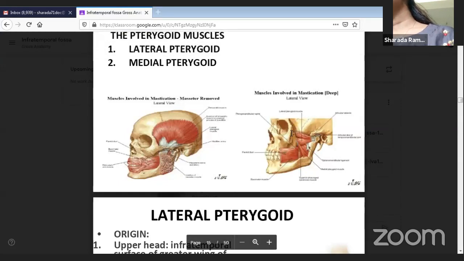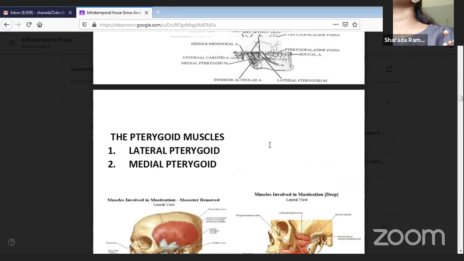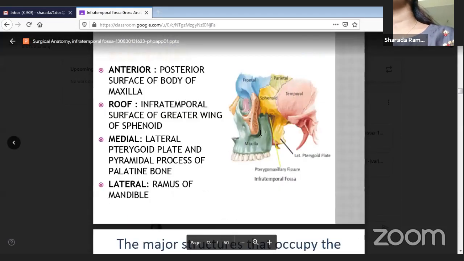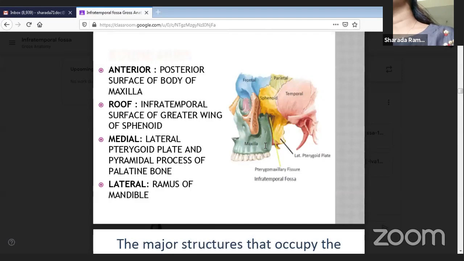Now here onto the posterior surface of the maxilla, you're going to have the tuberosity. And from the tuberosity, you're going to get one head, and that is going to be superficial. When we go back to this picture, you can see that that is the maxillary tuberosity. This maxillary tuberosity gives the origin for the superficial head.